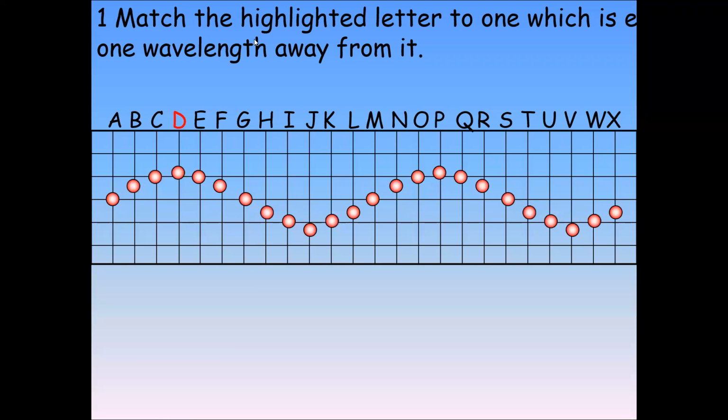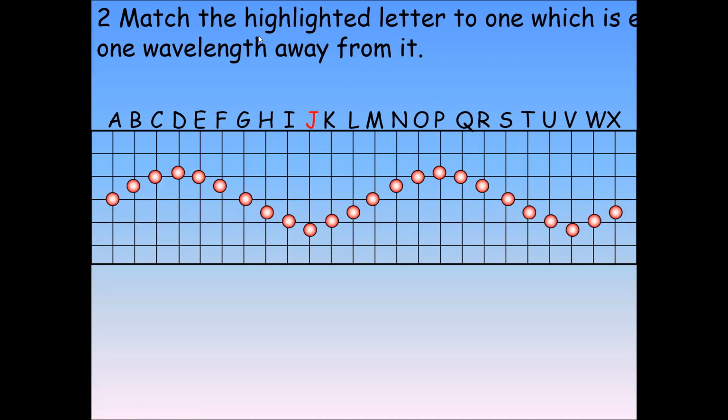So when we work out, we should read the same point. This is D, and D matches with P. So actually point P is wavelength apart from D.